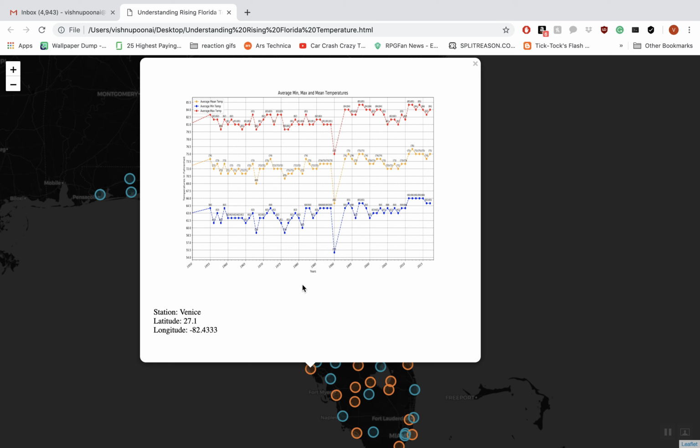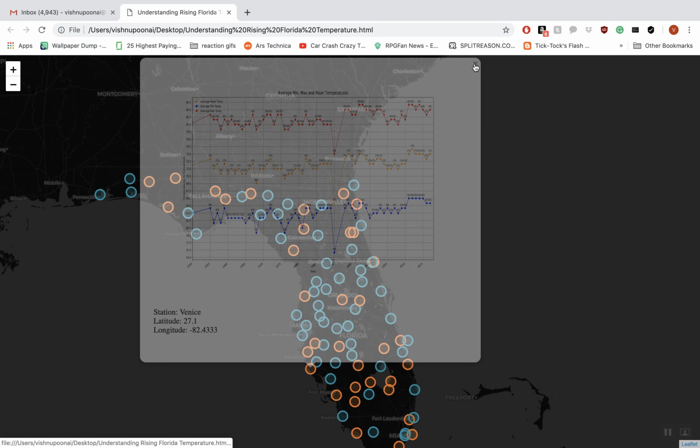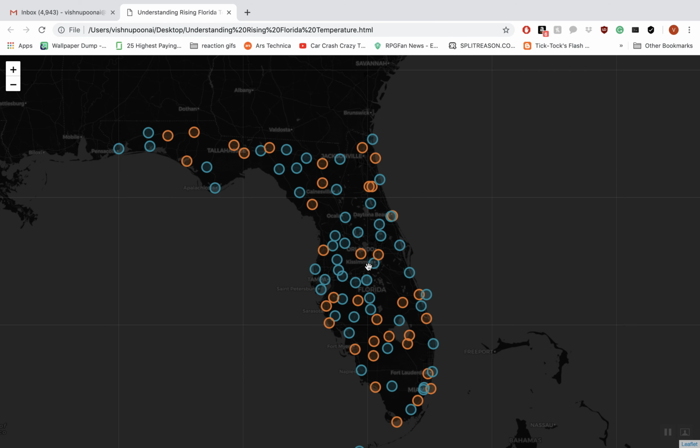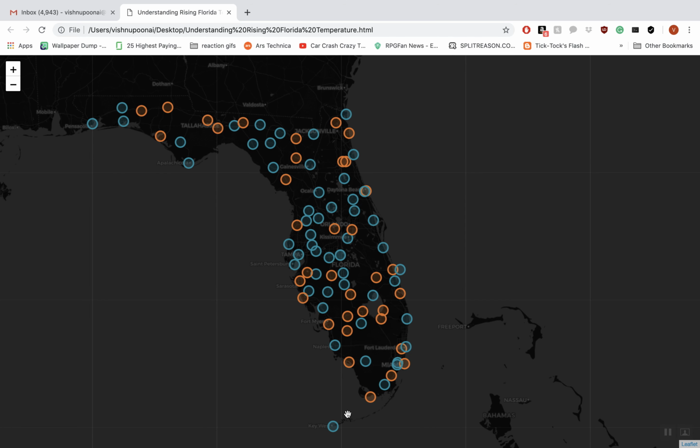And comparing those two deviations as recommended by climate change authorities, we are able to determine which areas across the state of Florida have a shift towards higher extremes or lower extremes. And this is represented by the color of the station dots here.